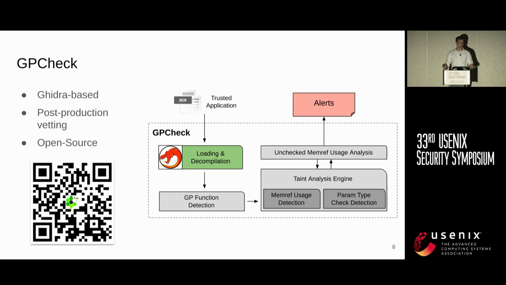And we use this to carry out this prevalence study of this bug pattern. And we suggest that vendors now can basically use it to do some post-production vetting to make sure that they don't deploy vulnerable trusted applications that have this vulnerability pattern on their phones. So all of this is open source. You can find it on GitHub.